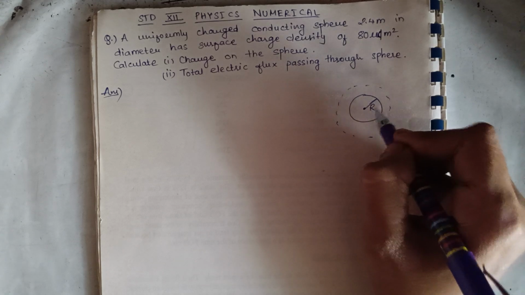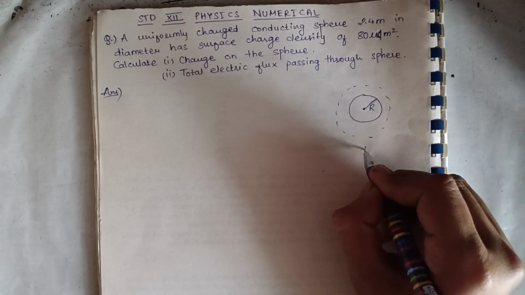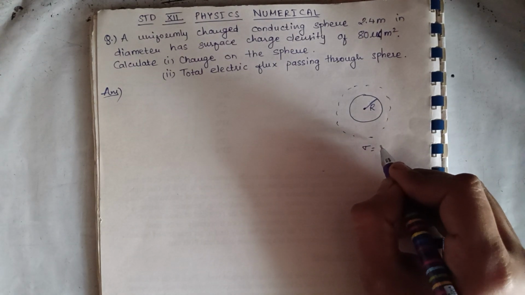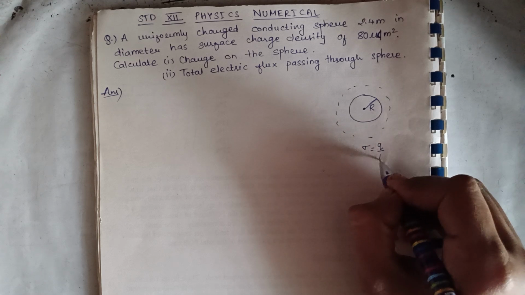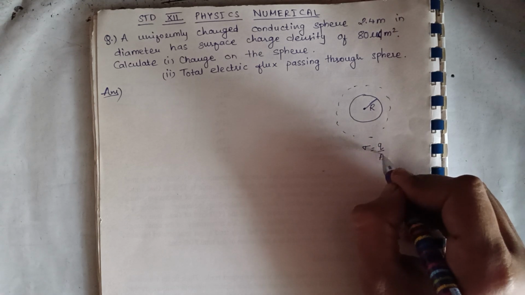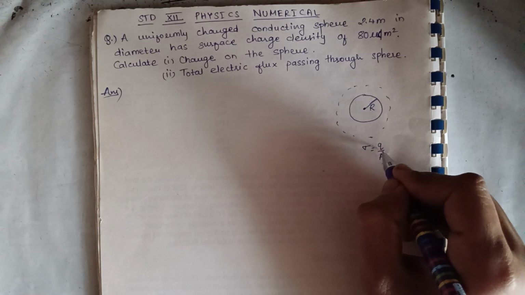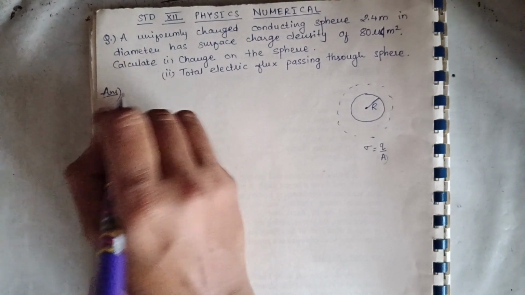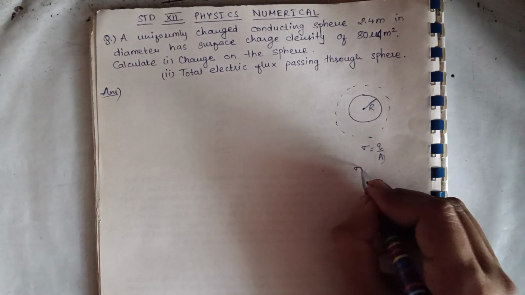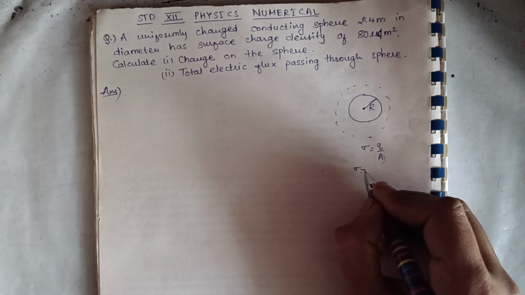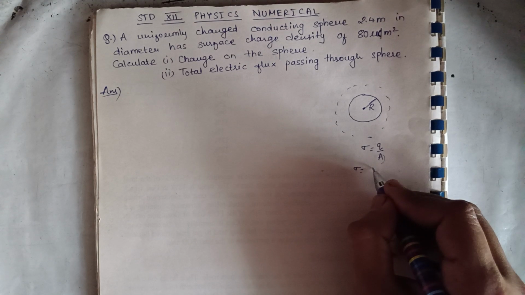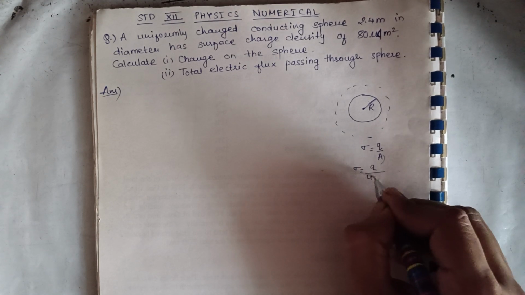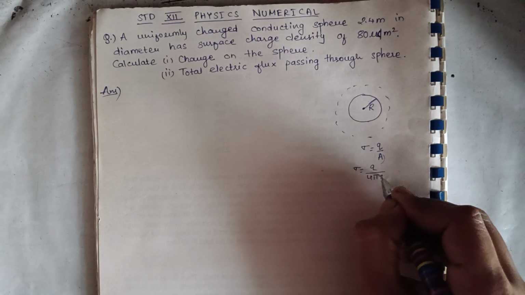Its surface charge density is given as the total charge upon the area, q upon area. So in this case, the surface charge density is given by sigma equal to q upon 4 pi r square.